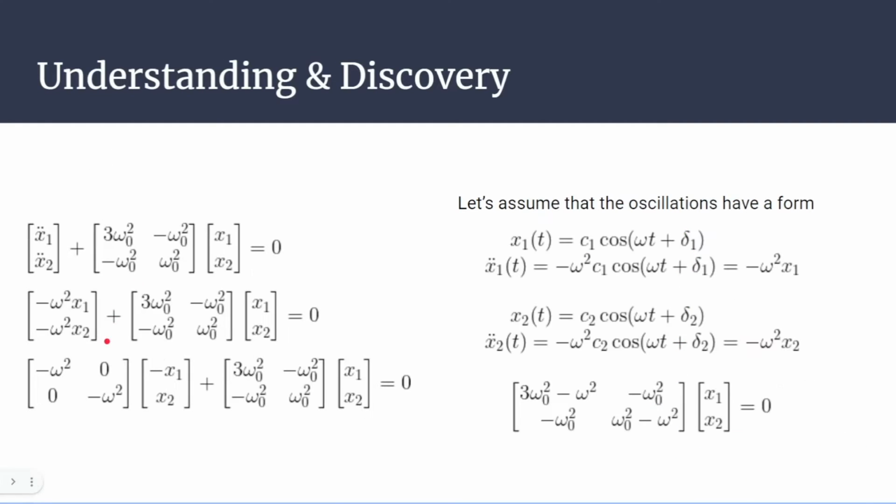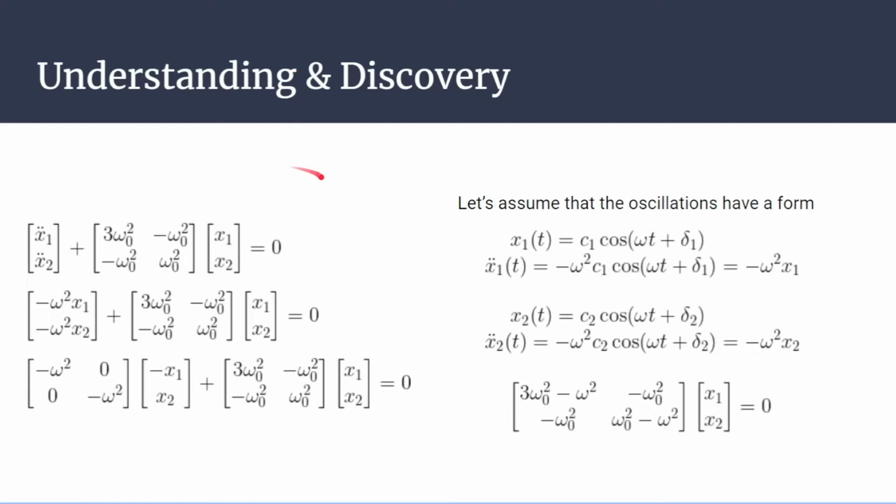And to solve this differential equation, we assume that the solution will have the form c times cosine of omega t plus delta. So we can write x1 of t and x2 of t in these two equations, and also the second derivative of x1 and x2. Then we plug this equation into the matrix.